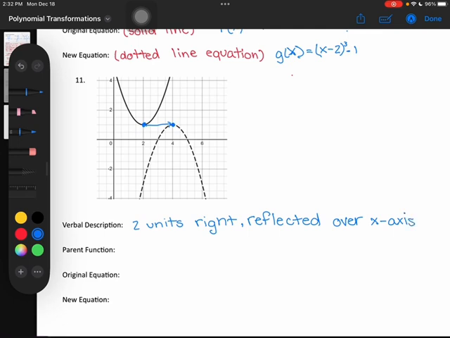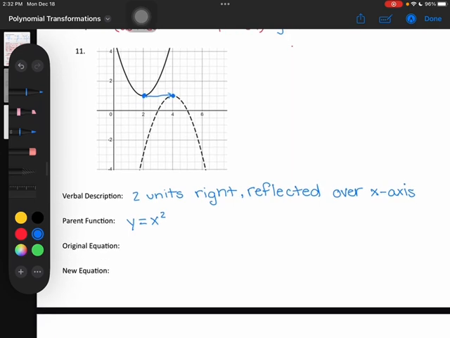Okay. So this parent function should look super familiar. It's quadratic. We've done a lot with quadratics this year. So we have y equals x squared. And then we need to create our dotted and our solid equation. So I'm going to do the original equation in red, and my normal parent function is like something like this.